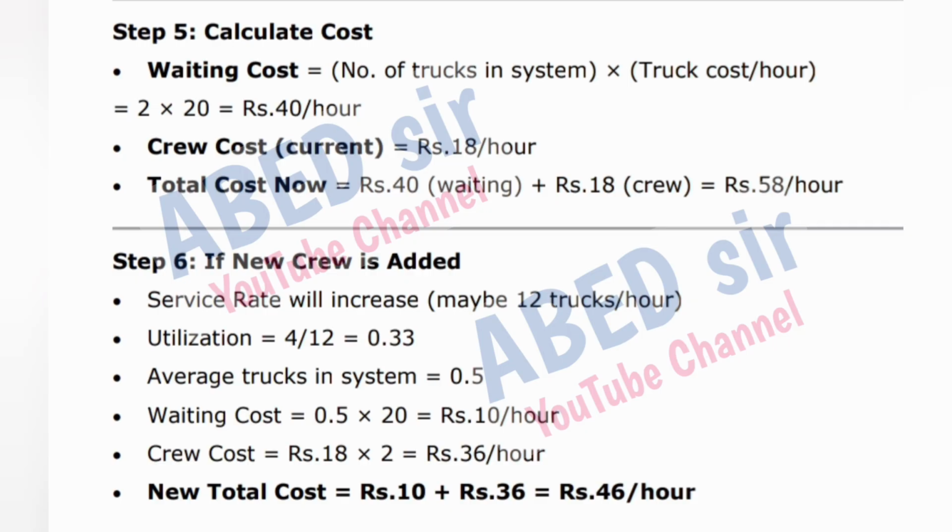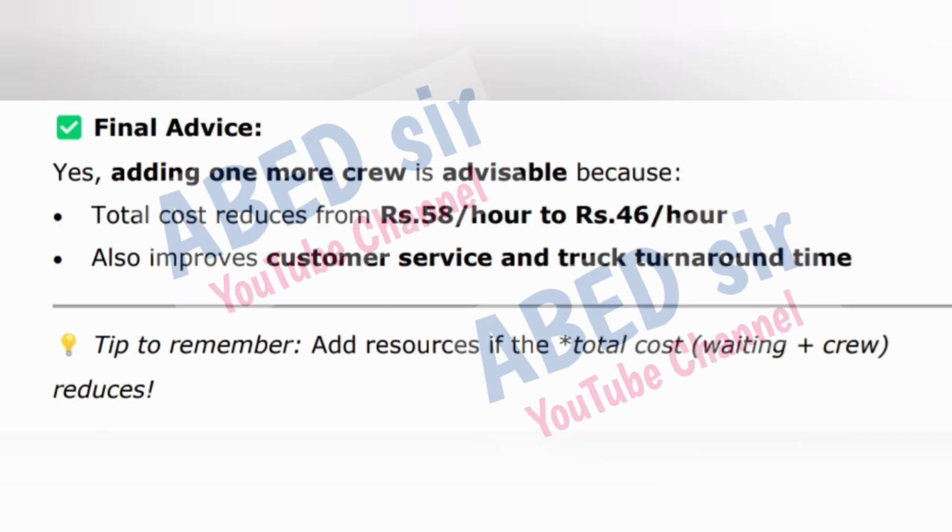New total cost is equal to 10 rupees plus 36 rupees is equal to 46 rupees per hour. Final advice: yes, adding one more crew is advisable because total cost reduces from 58 rupees per hour to 46 rupees per hour. Also improves customer service and truck turnaround time. Tip to remember: add resources if the total cost, waiting plus crew, reduces.